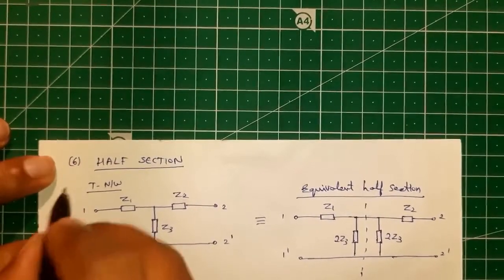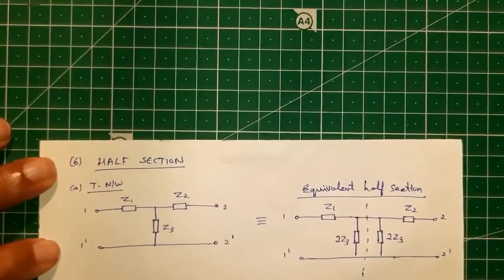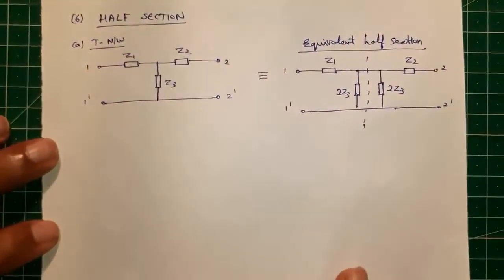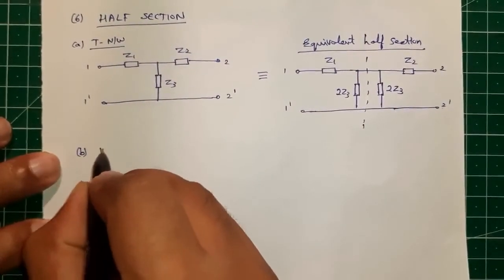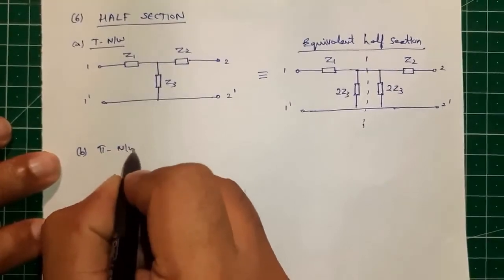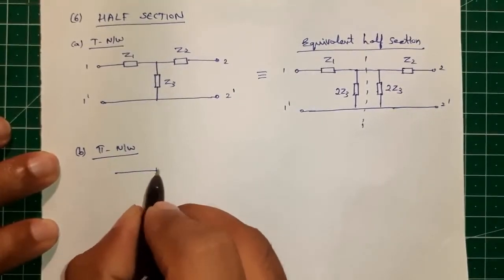Similarly, for a pi network, also we can have a half section like this.